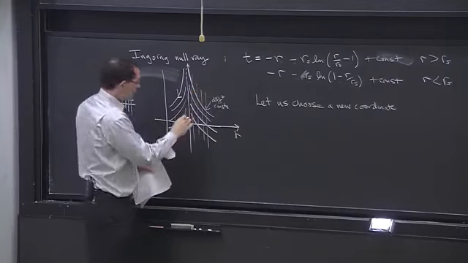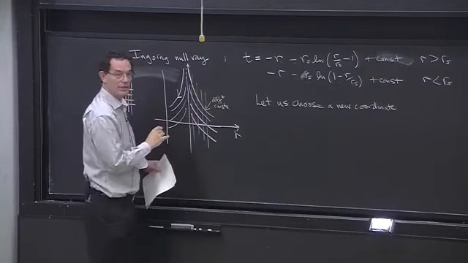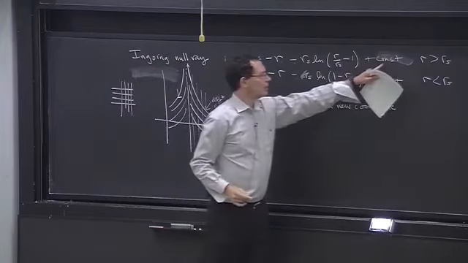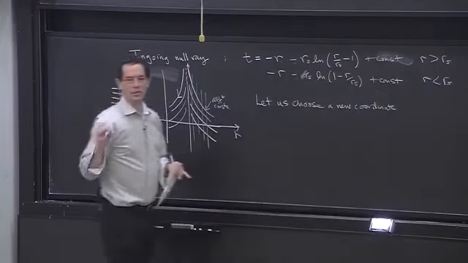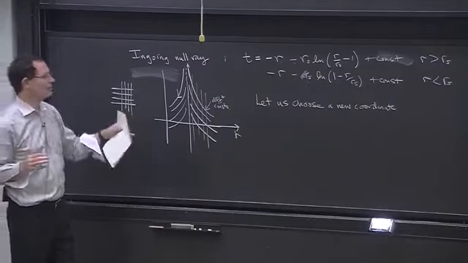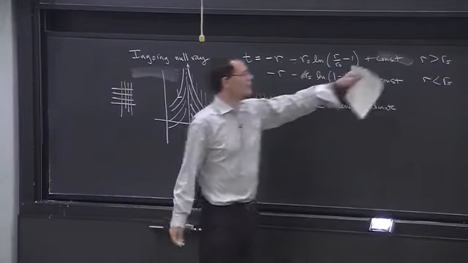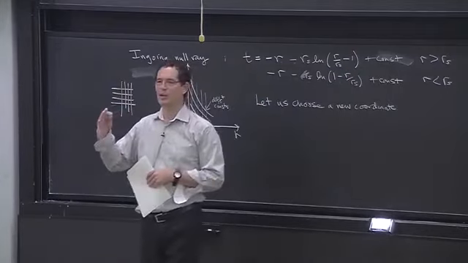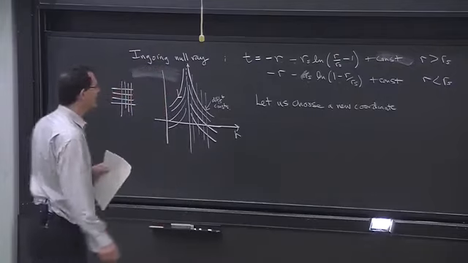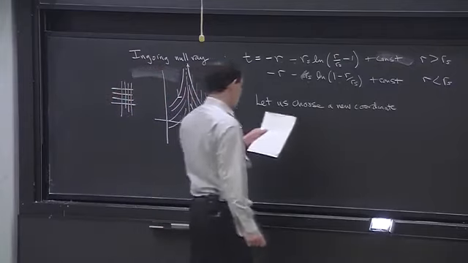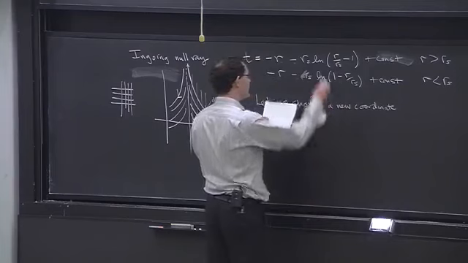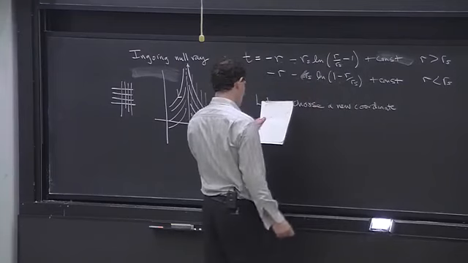And then obviously in those coordinates, this new coordinate is constant, because that's the definition of it. It's the quantity which is constant on ingoing null rays. So we choose this constant in effect to be the new coordinate.